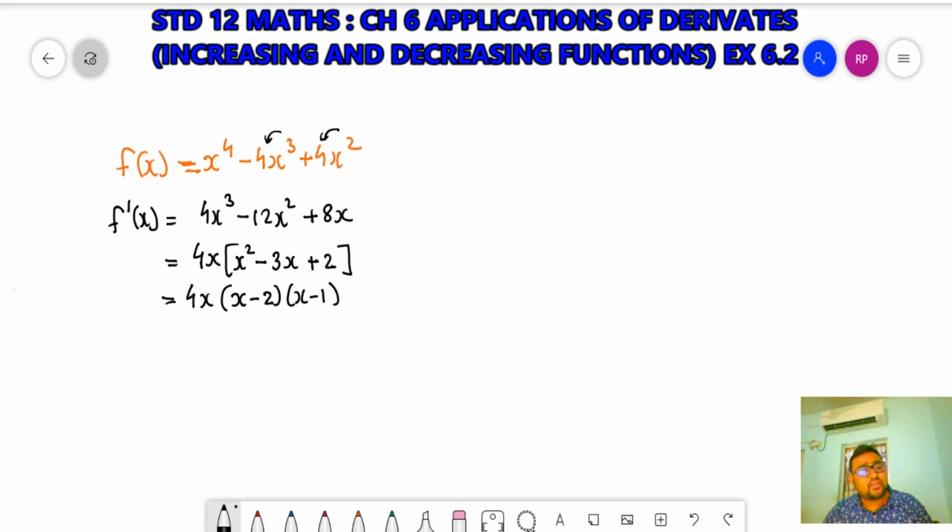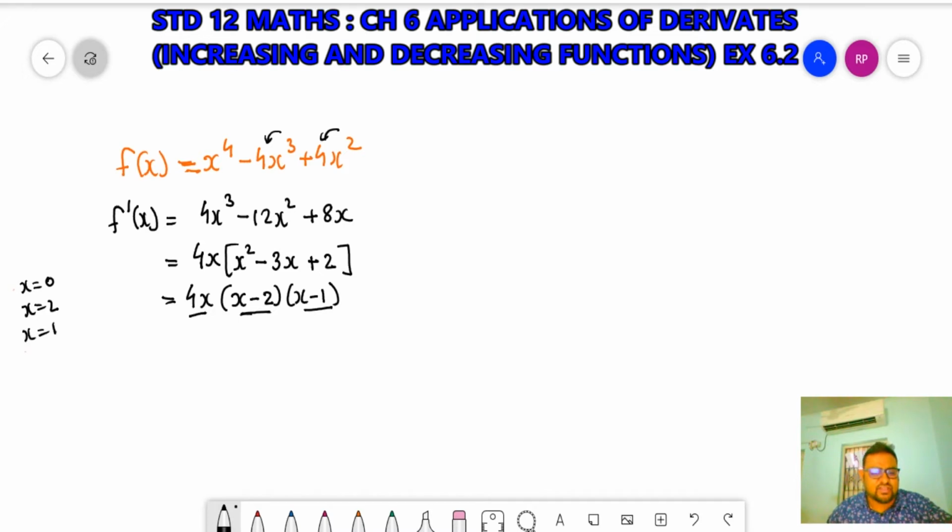Means you need to find the intervals from minus infinity to plus infinity when this function is greater than 0 and when it is less than 0. So I'll split into three parts. 4x equal to 0, that means x equal to 0. x minus 2 equal to 0, that means x equal to 2. And x minus 1 equal to 0, that means x equal to 1.